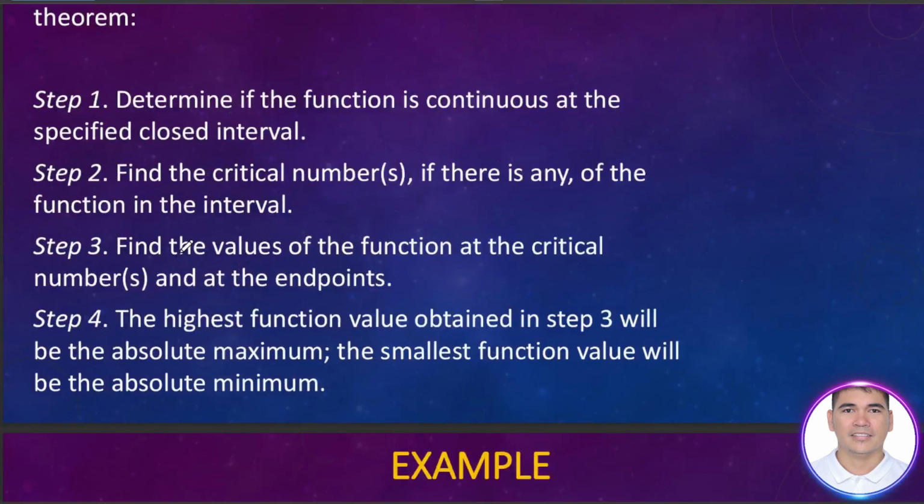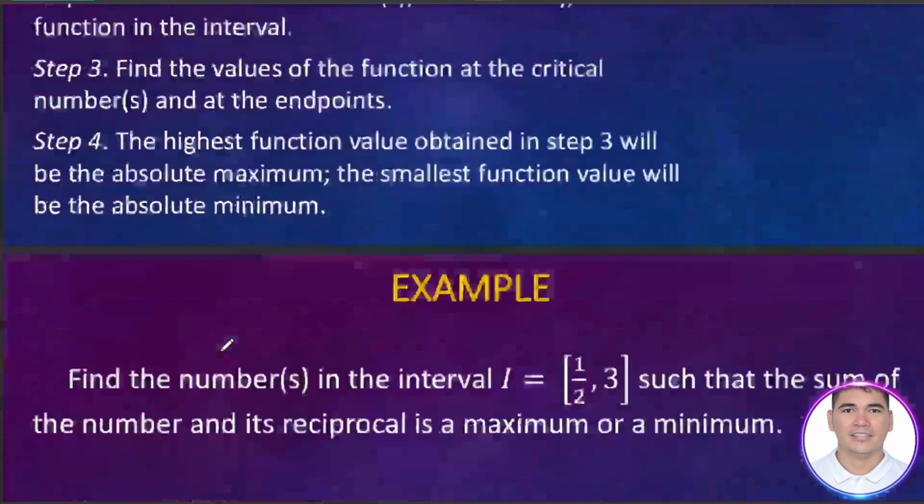For step 3, find the values of the function at the critical numbers and at the endpoints. And step 4, the highest function value obtained in step 3, yung pinakamataas na function value sa step 3, that will be our absolute maximum. And the smallest function value will be our absolute minimum.